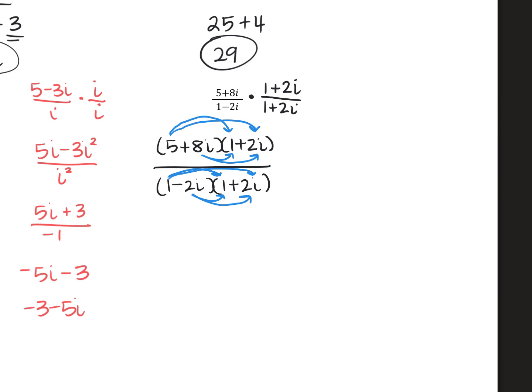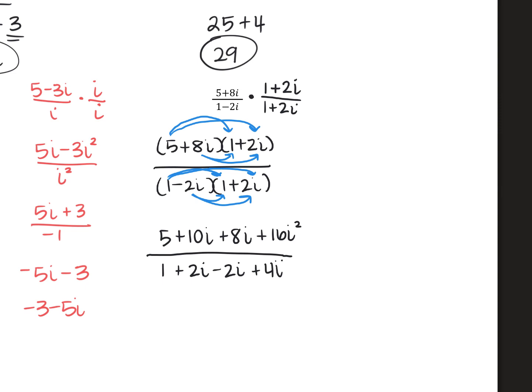So 5 times 1 is going to give me 5. 5 times 2i is 10i. 8i times 1 is 8i. And 8i times 2i is 16i squared. In my denominator, 1 times 1 is 1. 1 times 2i is 2i. Negative 2i times 1 is negative 2i. And negative 2i times 2i is 4i squared.